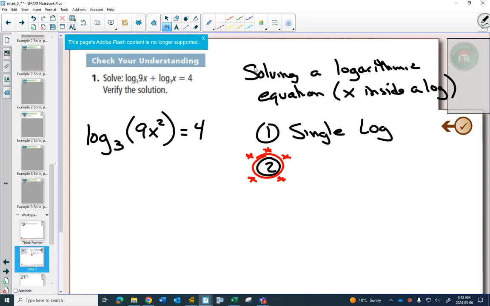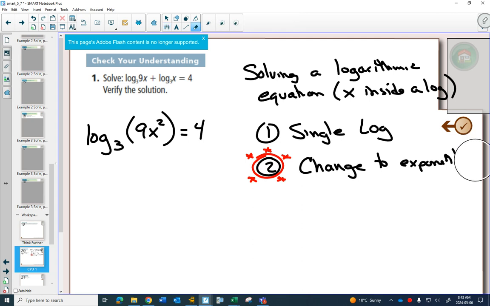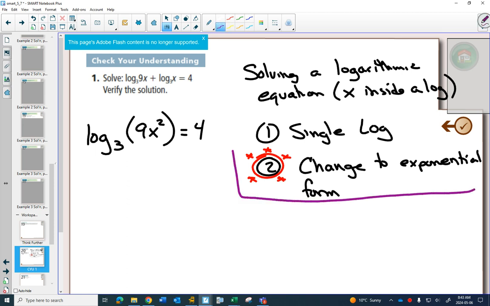It's weird. Because you have to use the definition to change to exponential form. I've tried so many things. This is the step that's hard.